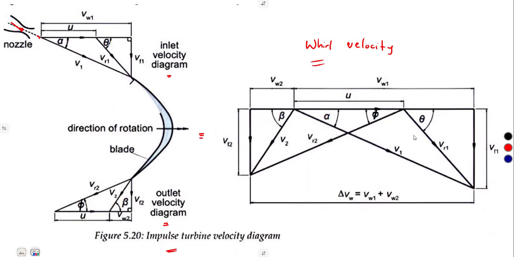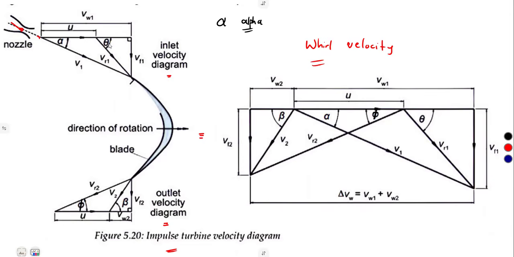I'm going to consider this part of the angles, which is very important for you to know, the angles that we are going to work with, or the angles that we are going to consider for revision purposes. We have alpha, the angle alpha.